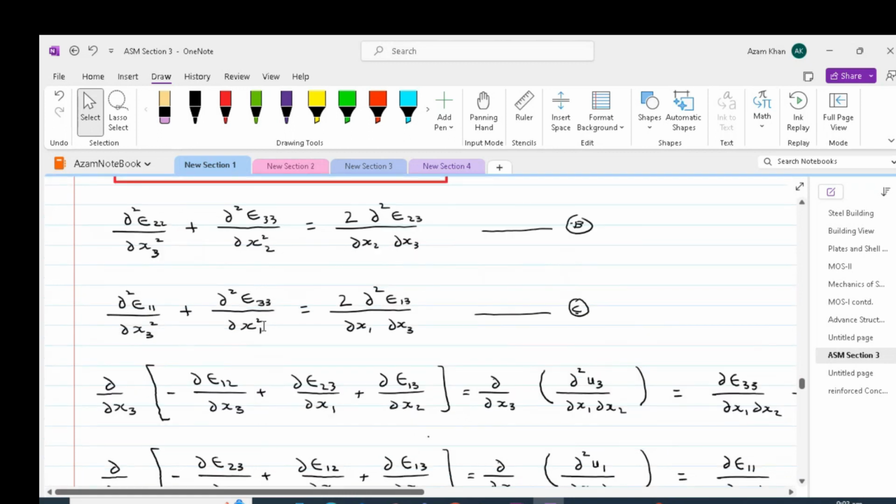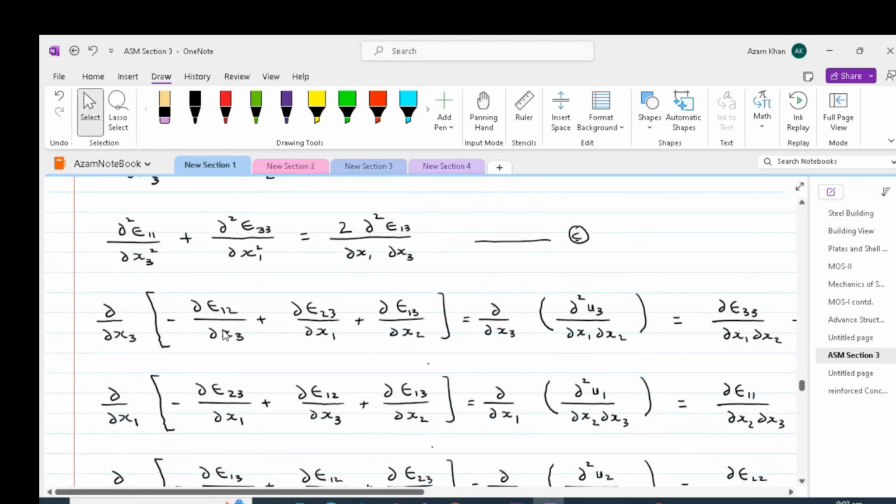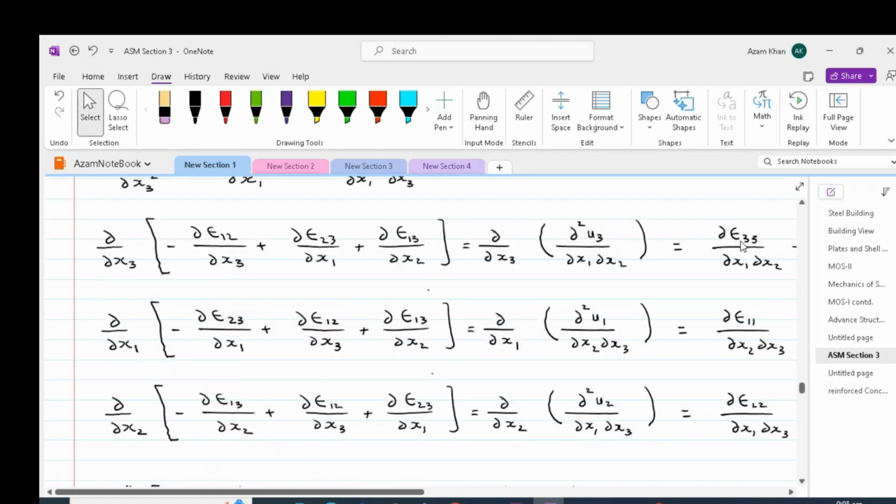In equation C, again the same story, epsilon 33 equal to 0. So this second term is 0, epsilon 1,3 is equal to 0, and our epsilon 1,1 is independent of anything happening in the x3 direction, and that's what we assume in our plane strain. Again, equation C is 0. The other equation, again applying plane strain, we have epsilon 33 equal to 0, so the right hand side is equal to 0.